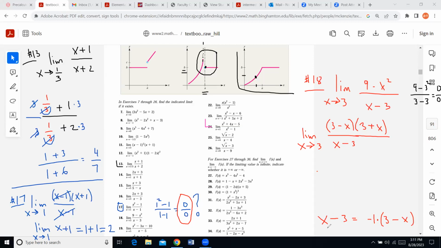Did you know that? Well, check it out. When you multiply -1 by +3, it's -3 here. And if you multiply -1 by -x, it's +x. So instead of my denominator, I can actually have -1 times 3 minus x. And the reason I want to factor it like that is because we cancel these 3 minus x's. You see?